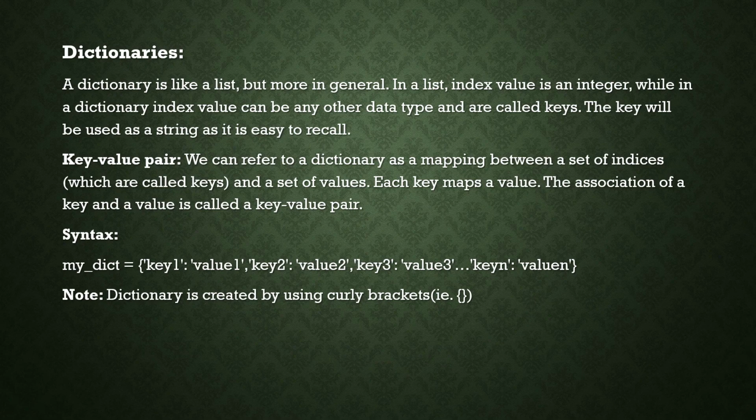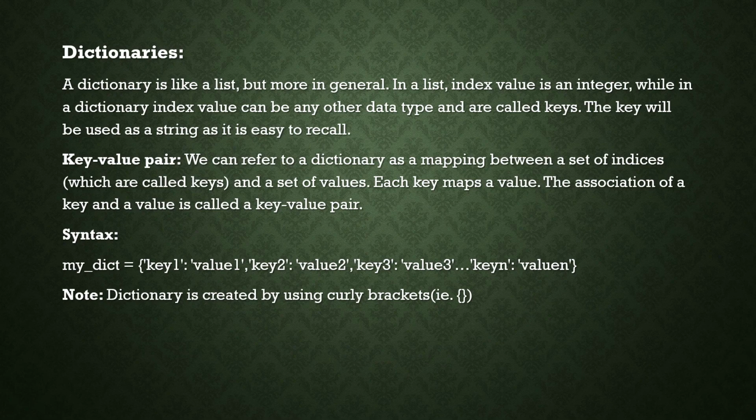The association of a key and a value is called a key-value pair. Here the key may be a string variable or any other symbol, or it may be a number itself, and a value. Both are included in these things.